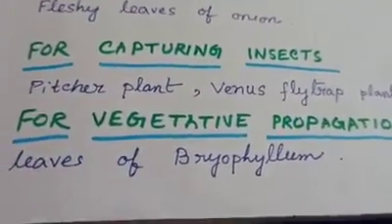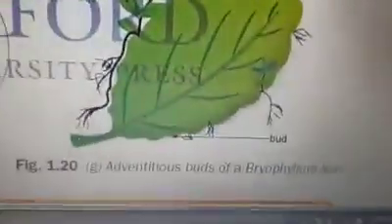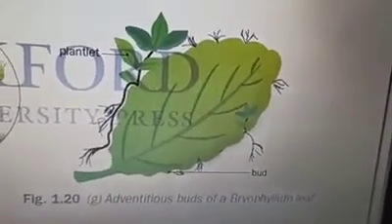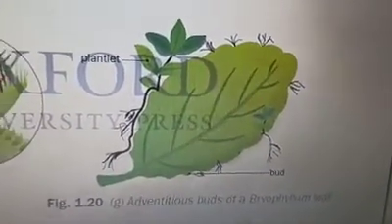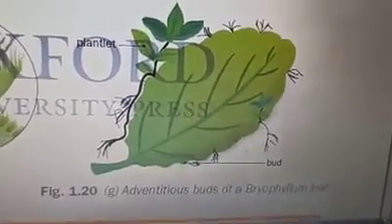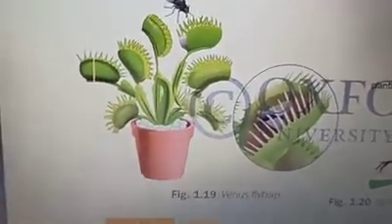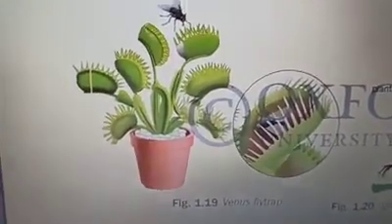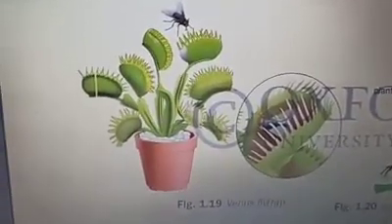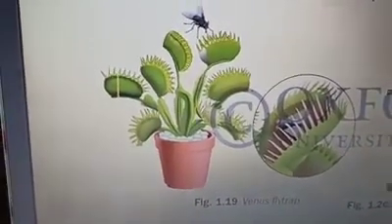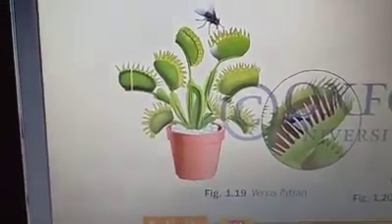The picture is in your textbook, but here is a picture of Bryophyllum, which is a modified leaf having adventitious roots, modified for propagation. And this is a picture of a Venus flytrap, which is also an insectivorous plant. Just look, the lamina of the leaf is modified like a trap for catching insects.